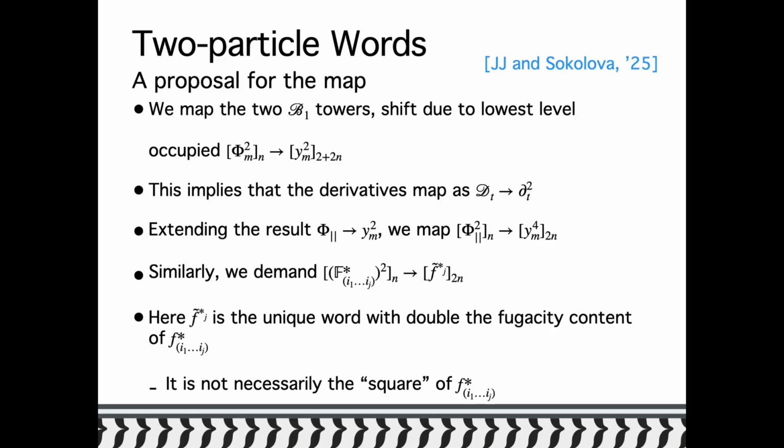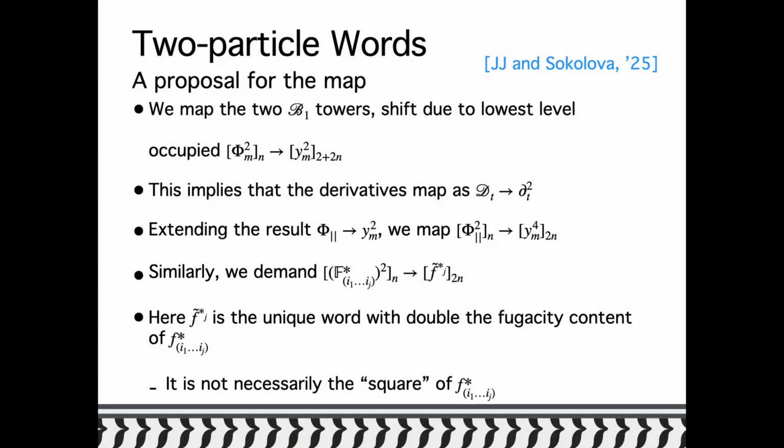Now, this very ugly notation that we have, f tilde star j, is a unique word which has double the fugacity content of f star. So little f star is the strong coupling image of this double-script f star, and f tilde star j is a unique word that has the double fugacity content of that word.